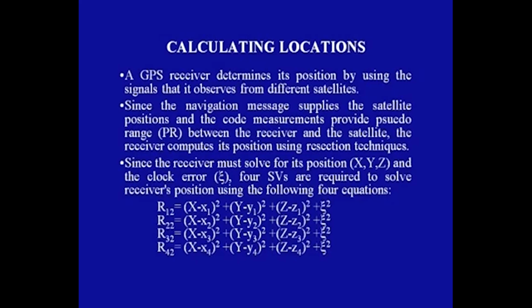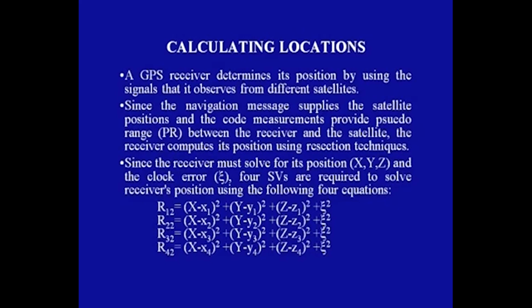Here, the receiver must solve for its position, that is X, Y and Z, and the clock error xi from 4 satellite vehicles, using the following equations as given below.